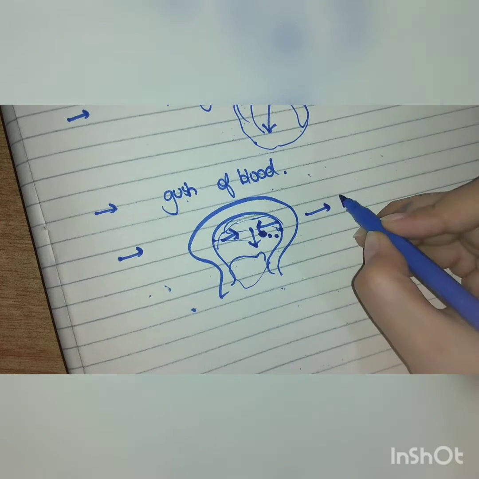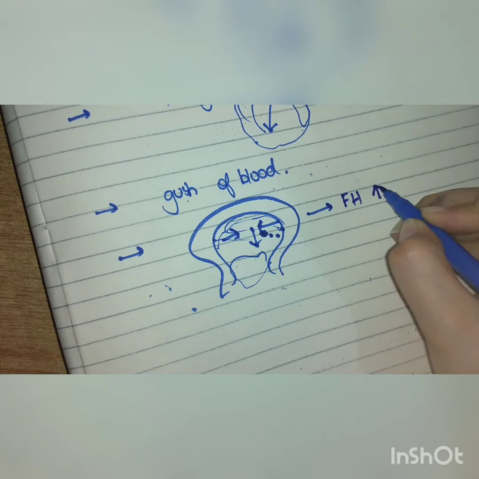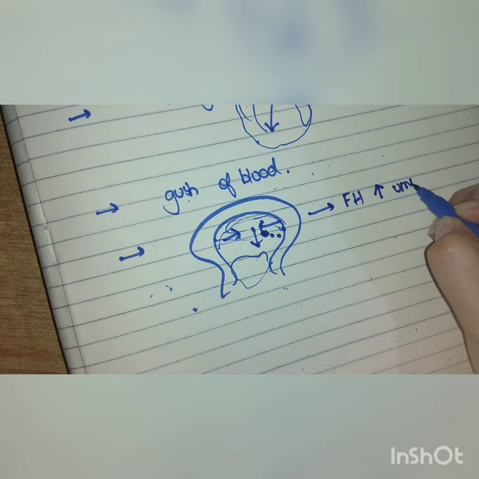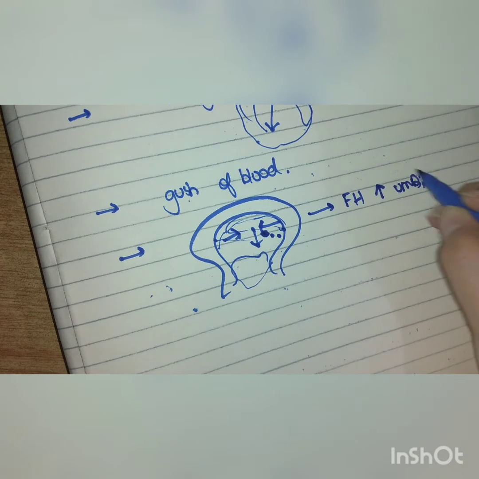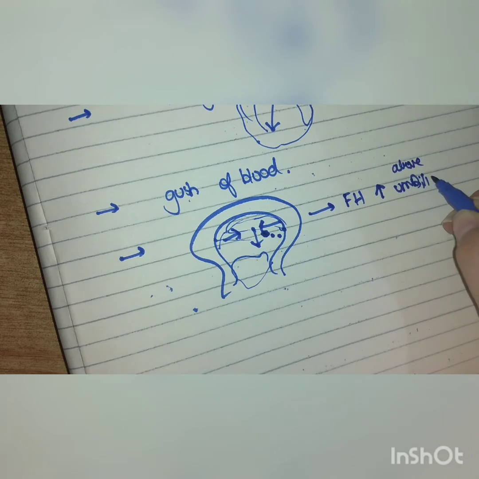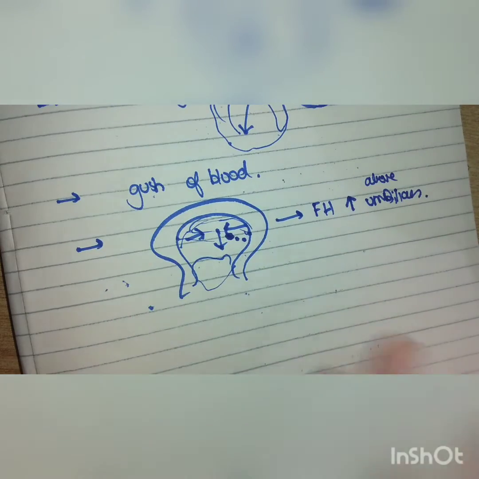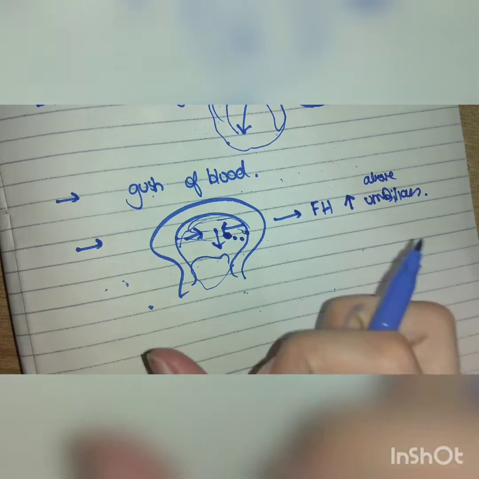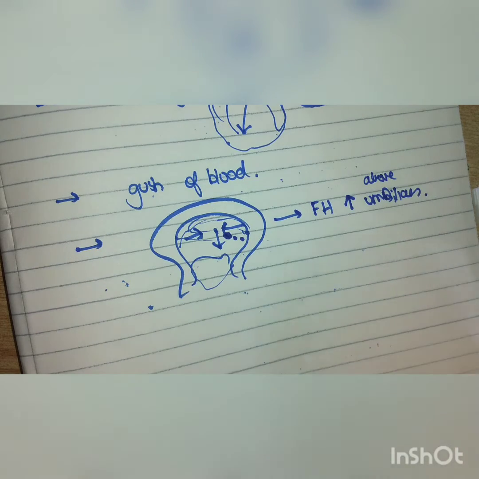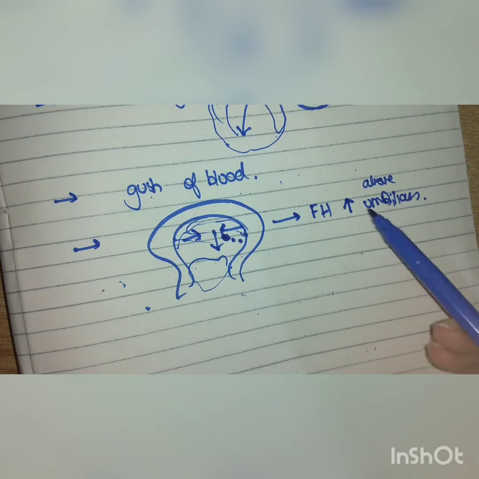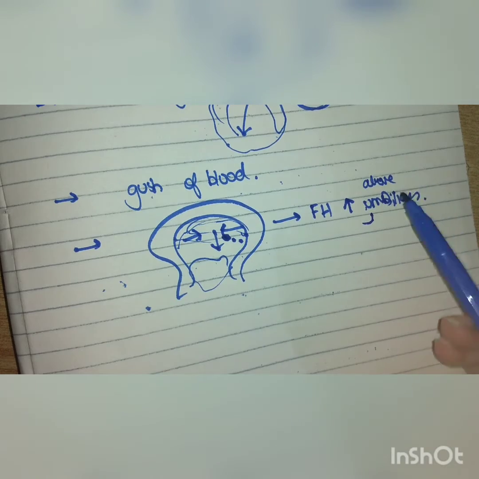So we can say that the fundal height slightly increases till it goes above the level of umbilicus. And this is not happening because the uterus is becoming larger. This is happening because now the fundus is contracting more properly, so it is becoming more prominent, and it seems as if it has reached above the umbilicus.